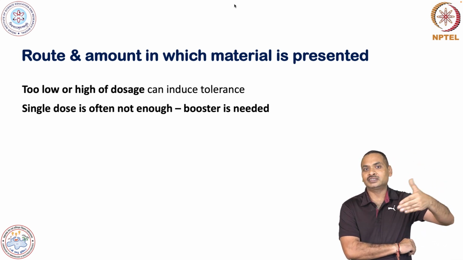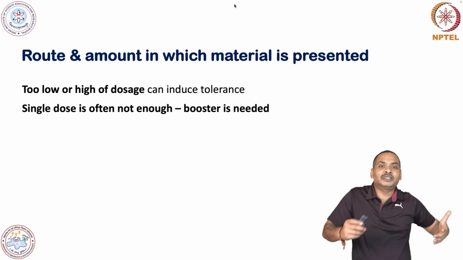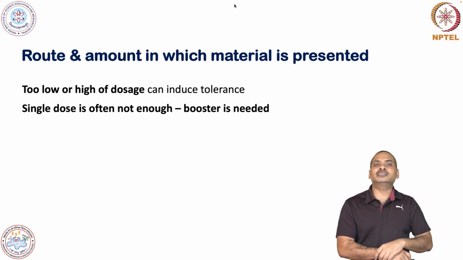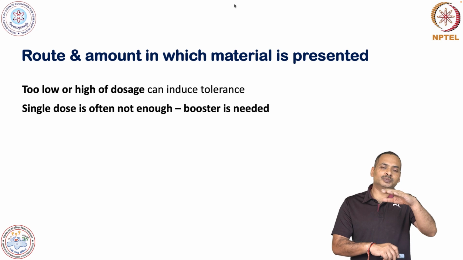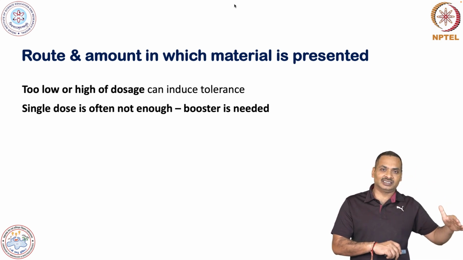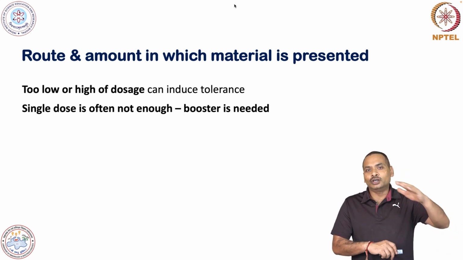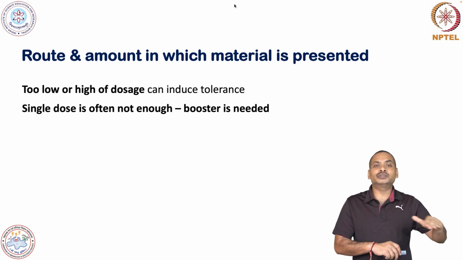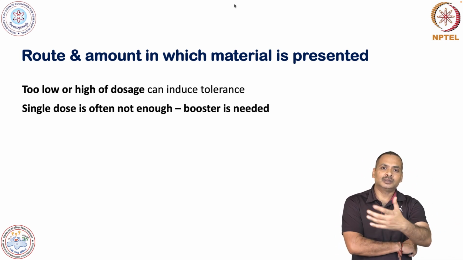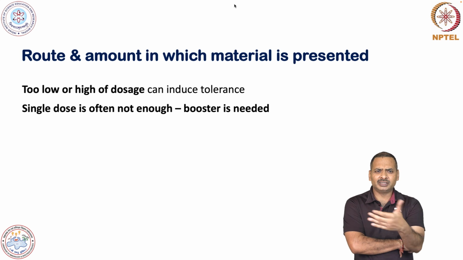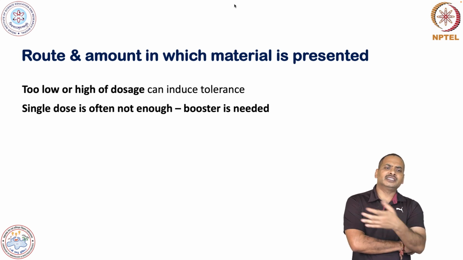You are not infected a second time, right? So it depends on the antigen, but in some cases your immune response against that pathogen declines, and to maintain that immune response you need to take the booster dose. The same is true for any antigen and immunogen.